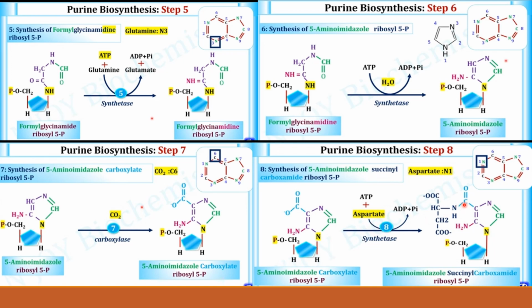This molecule of aspartate gets added into the amino imidazole carboxylate, and the resulting compound is called 5-amino imidazole succinyl carboxamide ribosyl 5-phosphate. Carboxamide is called because of addition of carbon dioxide, and succinyl due to the addition of aspartate.